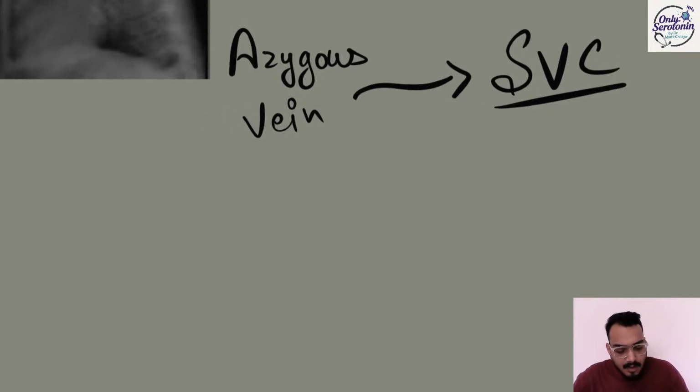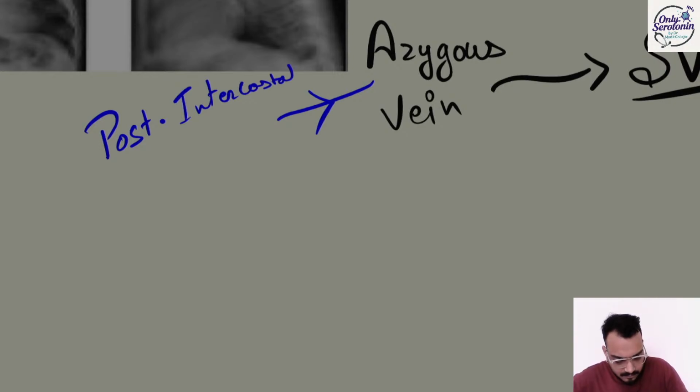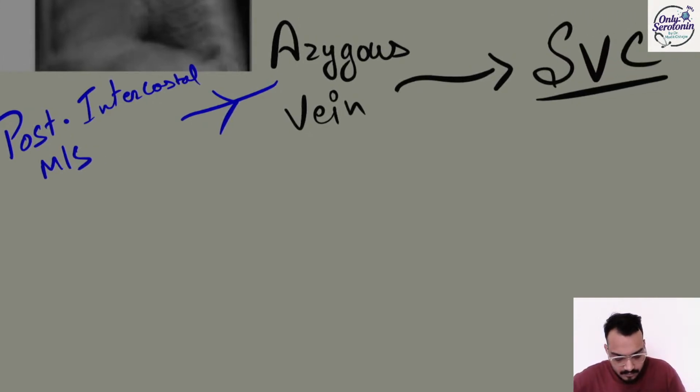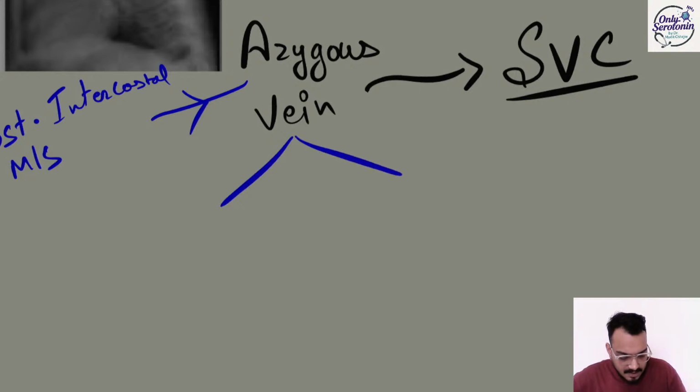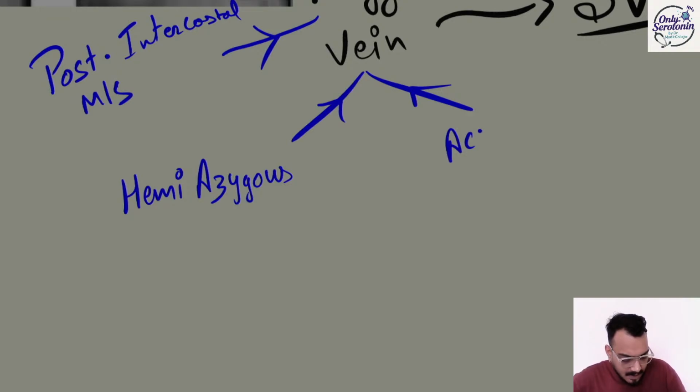What are the tributaries of the azygous vein, and what veins are coming into it? Let's remember that also. The azygous vein is directly given deoxygenated blood by the posterior intercostal veins, as well as on the anterior side it is given blood by the hemiazygous and accessory hemiazygous veins.